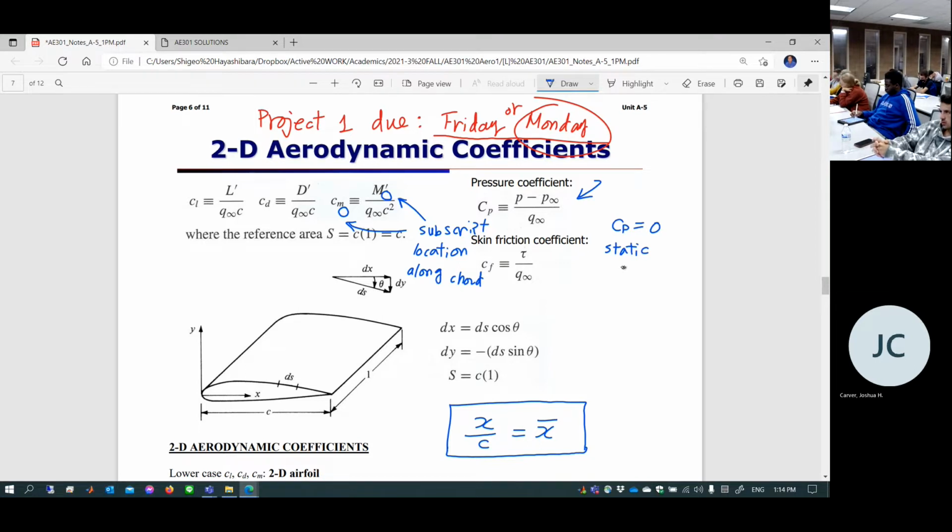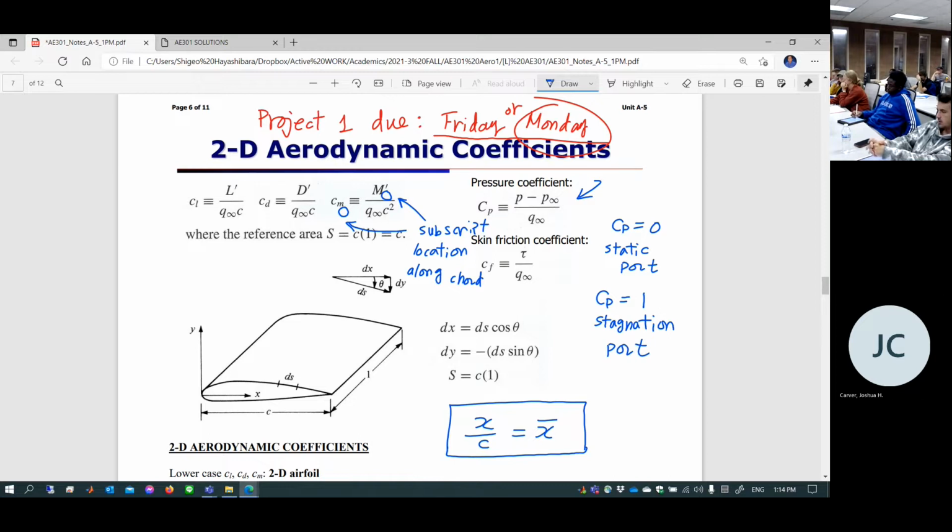You're going to run that. Don't worry too much about it. What about the stagnation point, where the velocity becomes 0? What's CP? CP is 1. This is called the stagnation point.